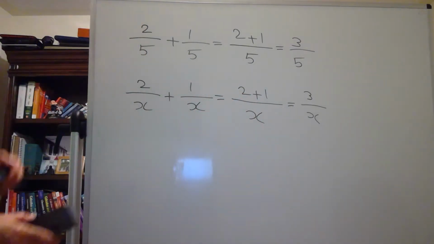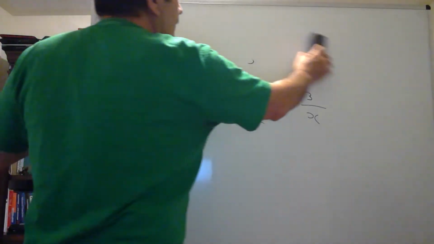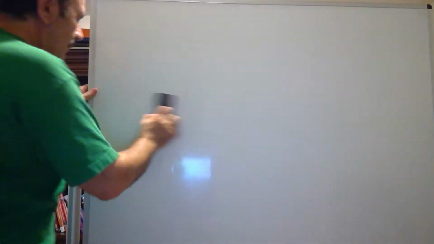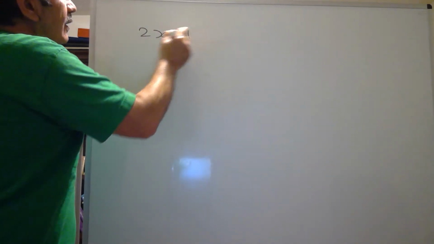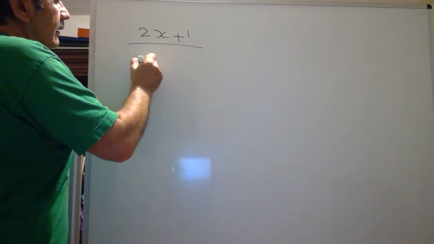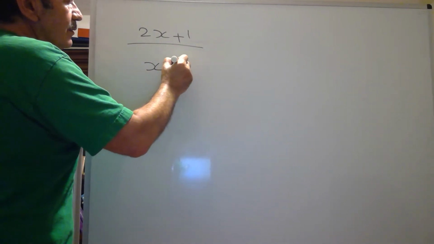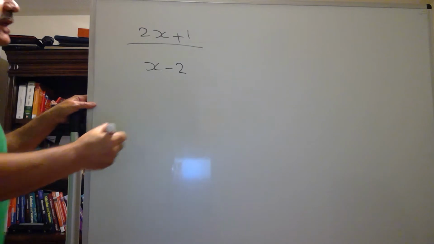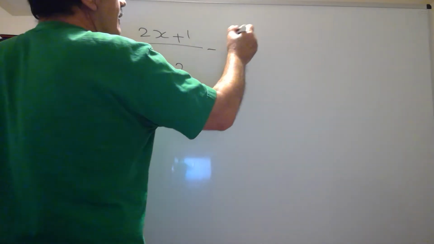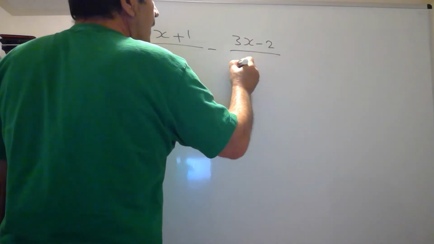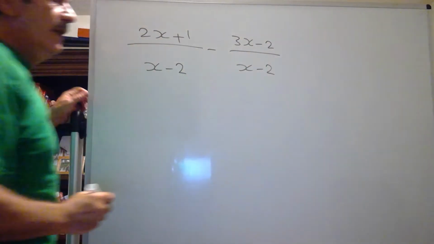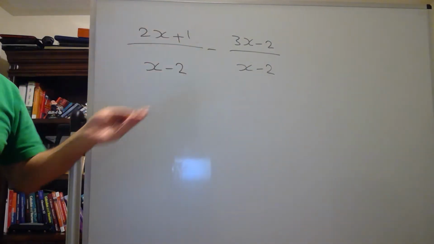Let's do another example with the same denominator. 2x plus 1 over x minus 2, plus or minus 3x minus 2 over x minus 2. Again, addition and subtraction are the same.